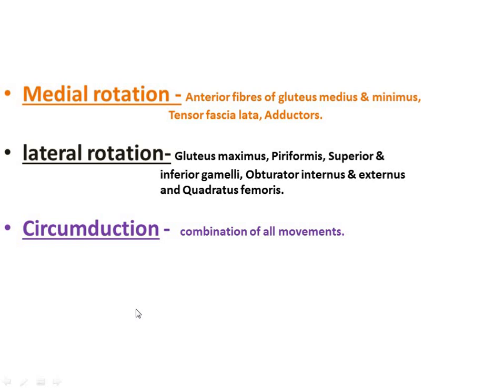Obviously, this hip joint is much more stable as compared to the shoulder joint, and it's supported by very strong ligaments: iliofemoral, pubofemoral, ischiofemoral. So all these ligaments support the joint a lot. But because of the support and stability provided to the joint, the range of circumduction is restricted.